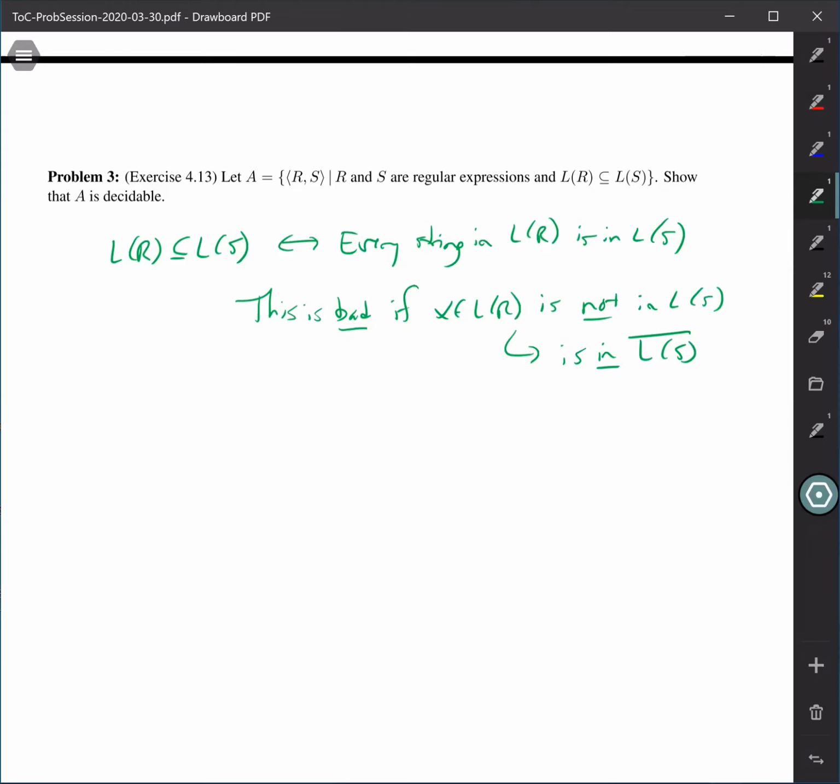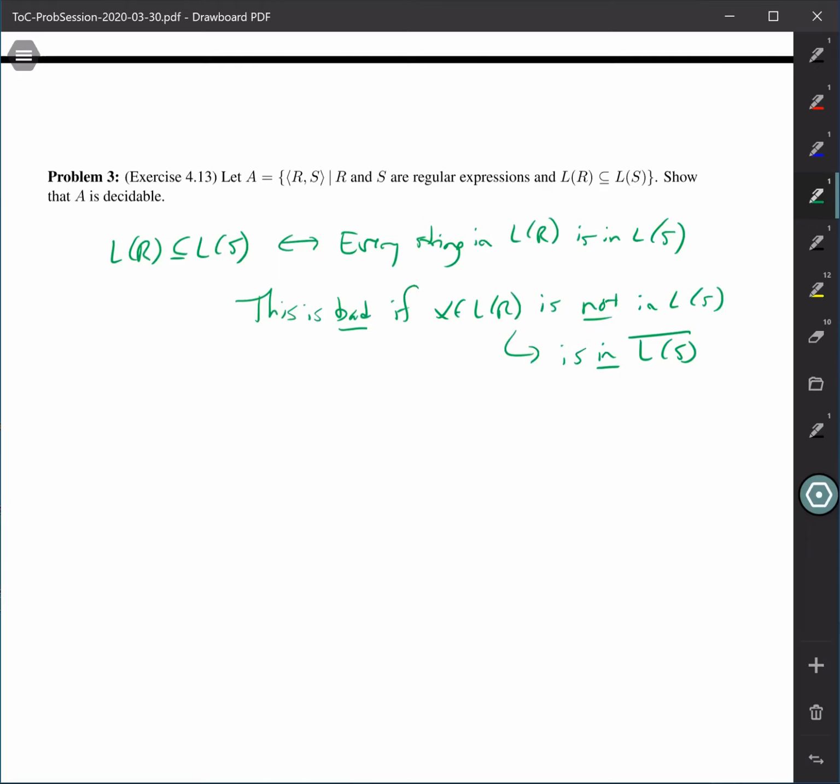L of R is a subset of L of S if and only if every string in L of R is also in L of S. It's easier to think about when our condition is violated, when L of R is not a subset of L of S. It's bad if there is some string X that's in L of R, but not in L of S. Now we're saying this is bad if X is in L of R and in the complement of L of S. Can you think of how we say that with just set operations instead of writing out sentences?